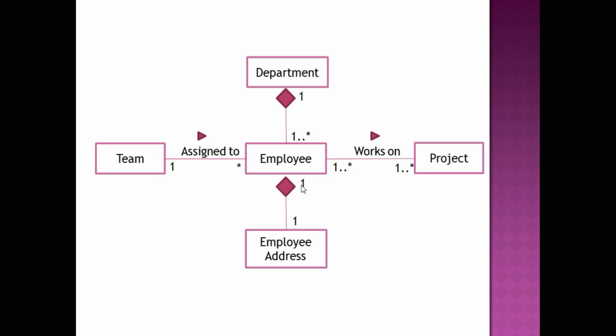One employee has one address. One employee works on many projects, and one project has many employees, that's why there is a many-to-many relationship. One team has many employees; a team is assigned to employees, so a single team can be assigned to multiple employees, that's why there is a many relationship.